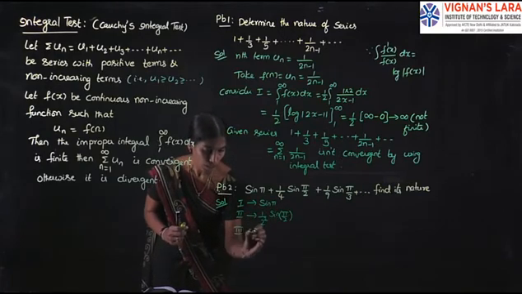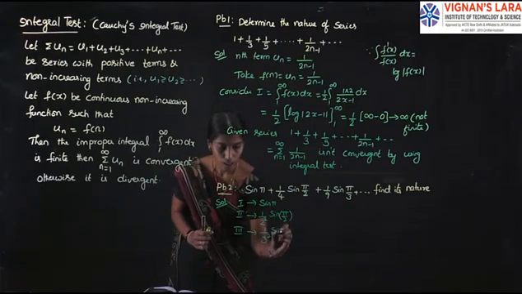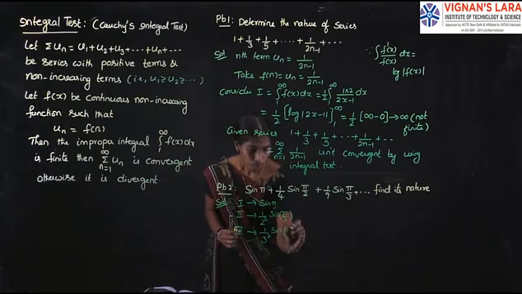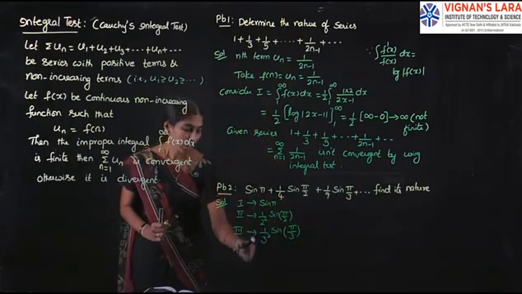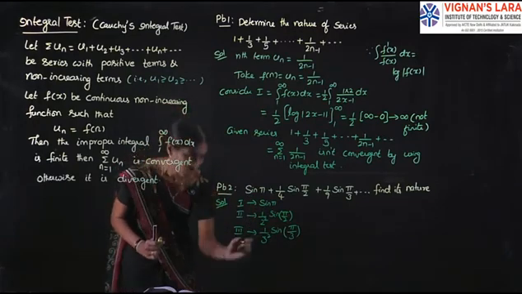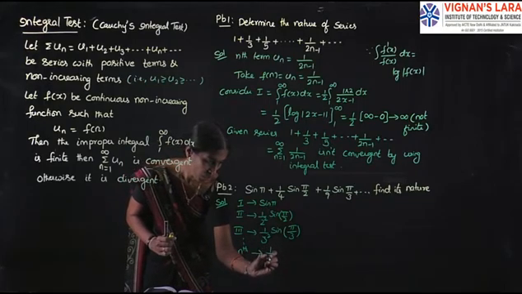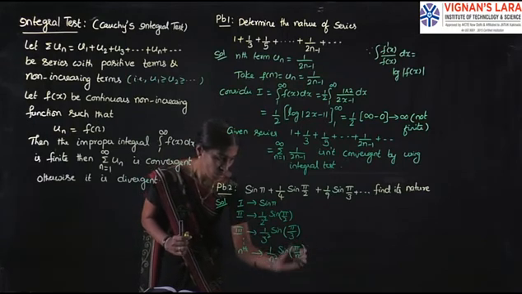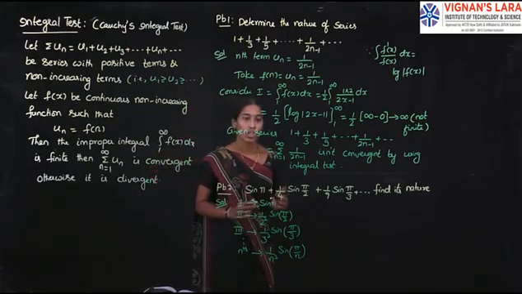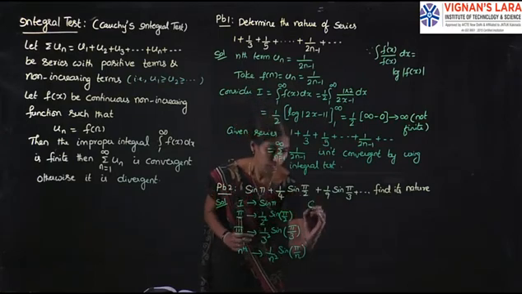Now third term is 1 by 9, means 3 square sin of pi by 3. Now, by observing this pattern, write the nth term. Nth term can be written as 1 by n square sine of pi by n, right? So like that, we are writing the generalized form, otherwise nth term.